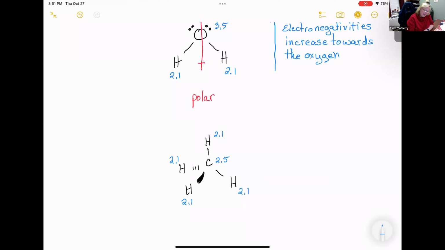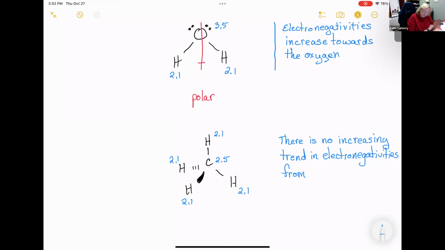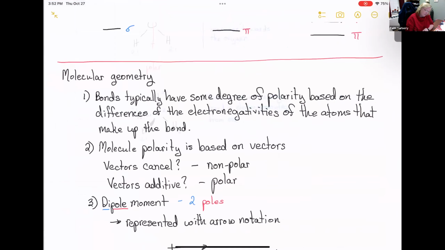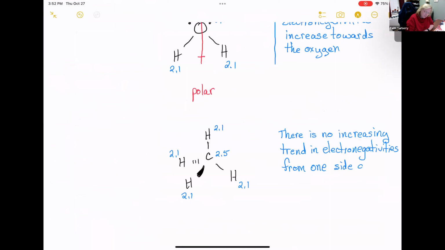What we see is that there is no trend, or no increasing trend, in electronegativities from one side of the molecule to the next.